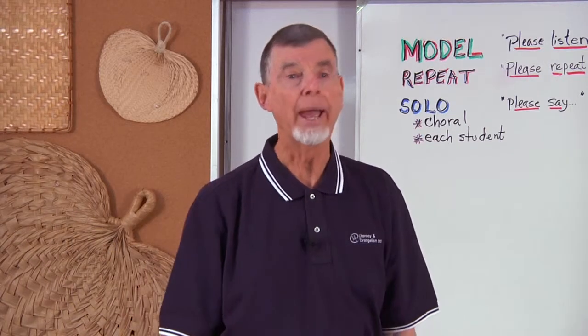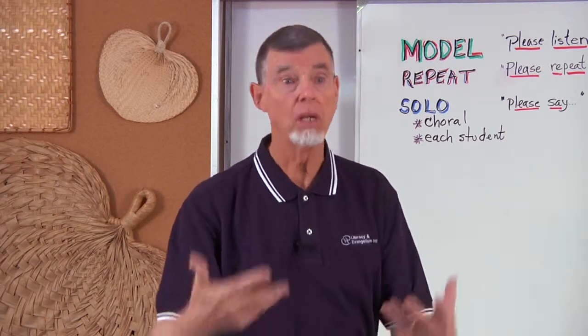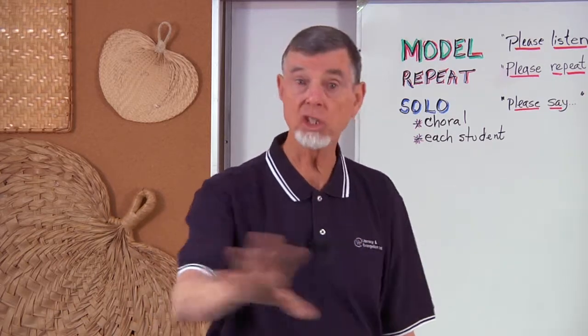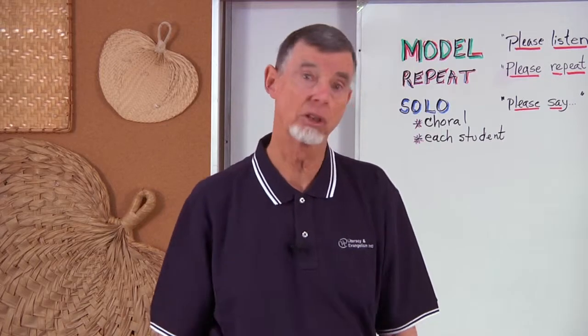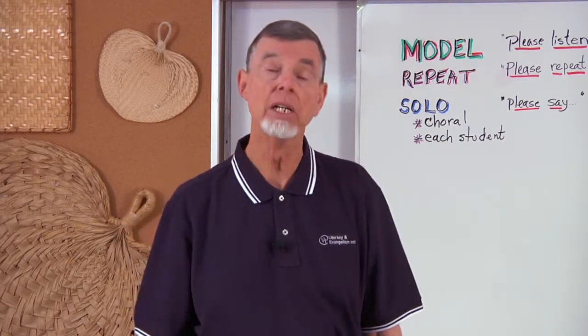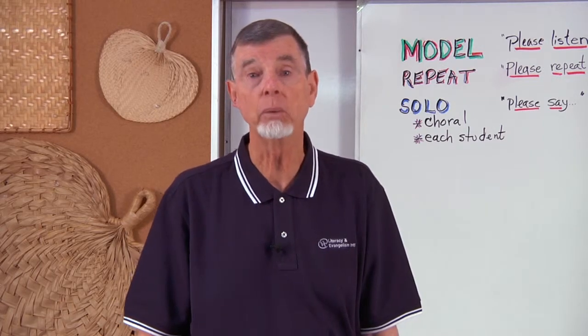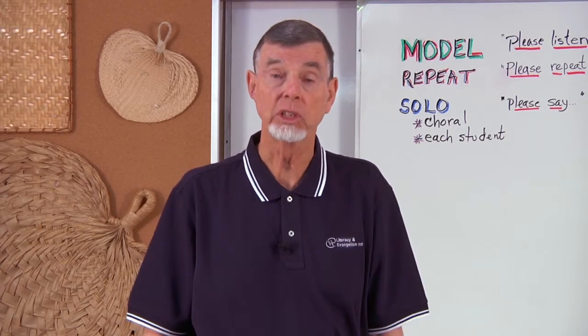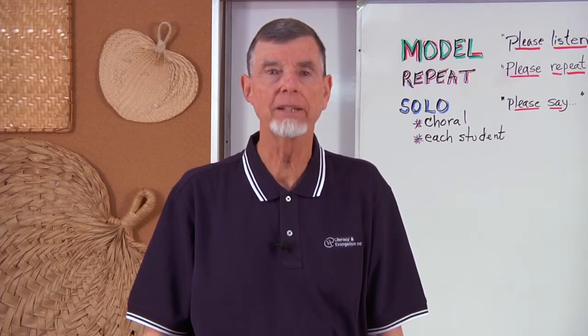Take those and teach one column, starting with model, repeat, solo, and teach your students a column, a sound. All right? Take about 20 minutes, 25, depending on the size of your training group, and then we'll come back and we'll move on to clap to stress, which is going to be lots of fun. All right? We'll see you in a bit.